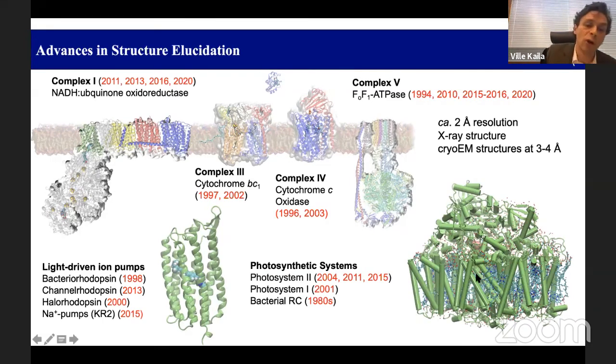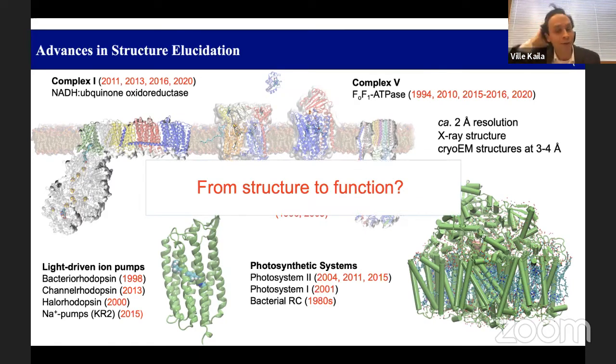We now have all members of the mitochondrial respiratory chain. We have also the photosynthetic system, but also many light-driven ion pumps. And this provides us a starting point to understand their function.